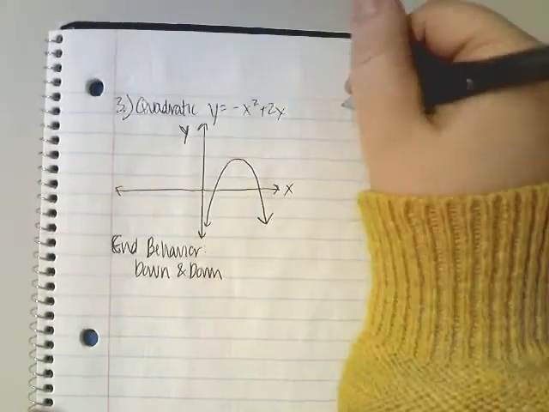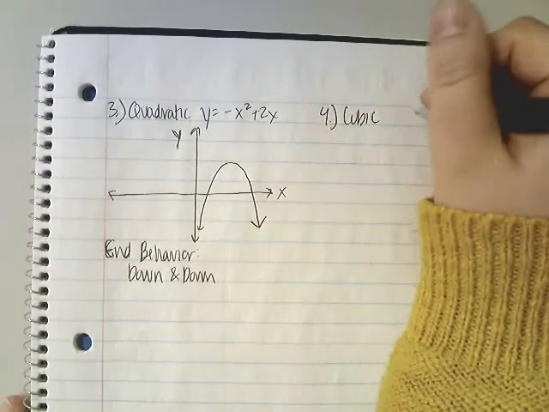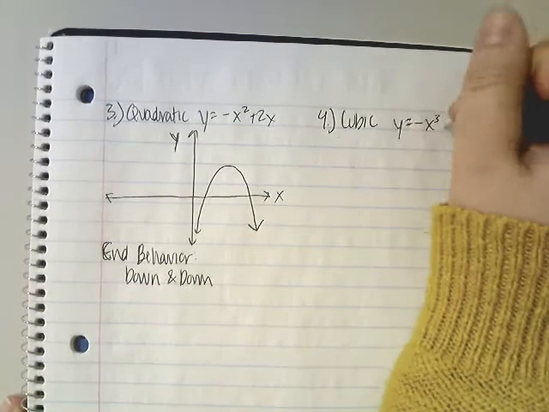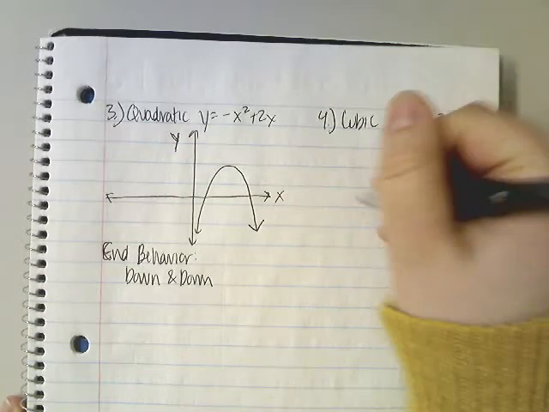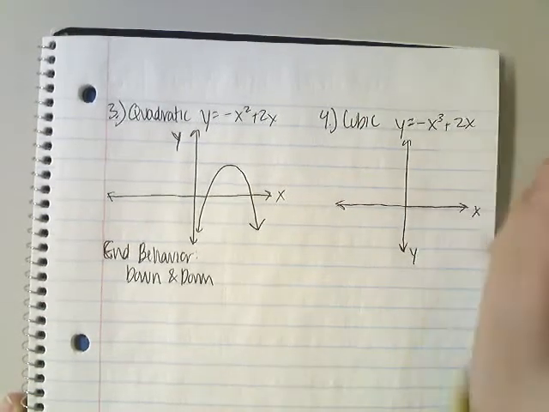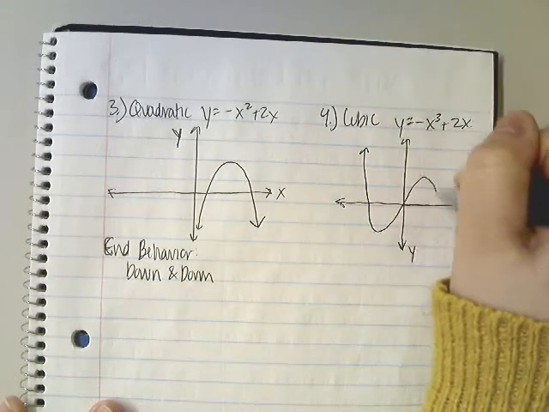The last one I'm going to show you to see if we can sort of decipher the rule together is a cubic function, y equals negative x cubed plus 2x. If I draw this function, do a rough sketch of it, have my y and x axes, it's going to look something more like that.